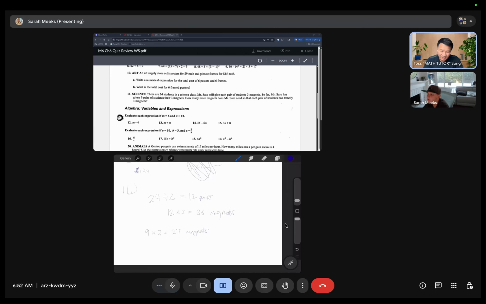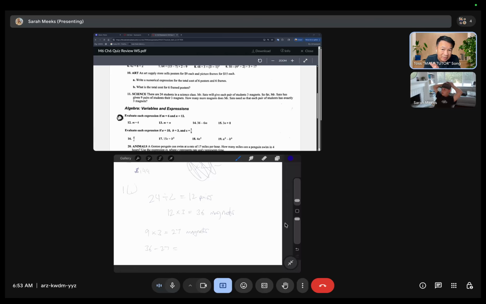But then you subtract them. That's why you do the 9 pairs, so you can actually see the difference between them. And that's it. 36 minus 27 should be your answer. So this is how I see it. But you're technically supposed to be writing this later on, I guess, not now, like number 8, number 9, number 6 up there.